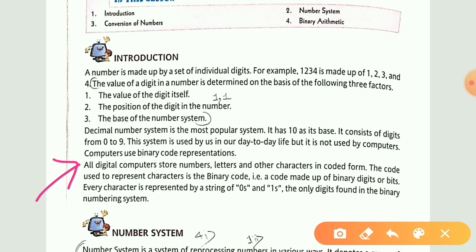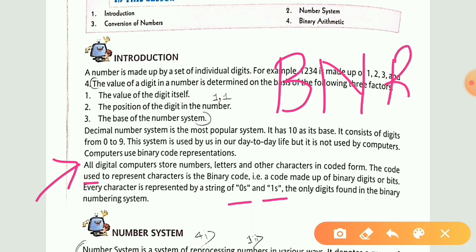The code used to represent characters is a binary code, that is, a code made up of binary digits or bits. Every character is represented by a string of zeros and ones, the only digits found in the binary number system. So the binary number system is very popular among computers.